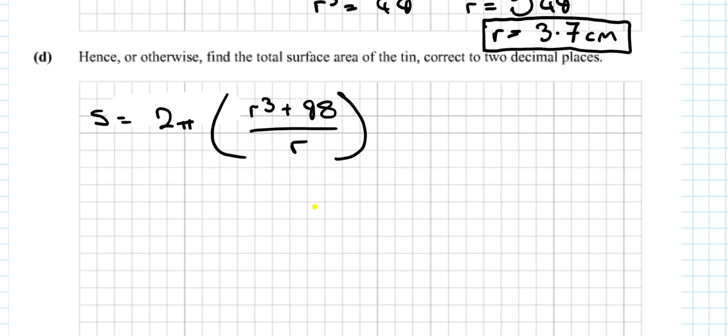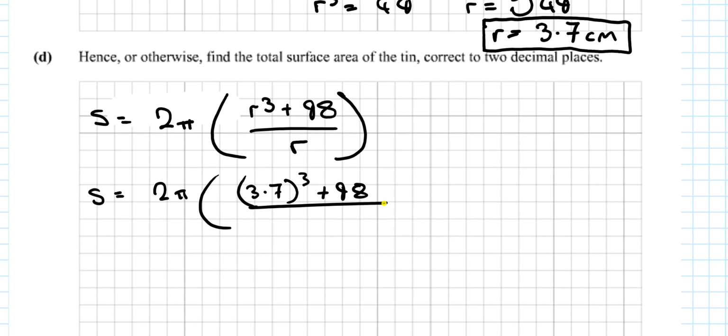So what am I getting? S is equal to 2 pi times 3.7 cubed plus 98 all over r. You know what? Between the mistake in the question itself and the mistake that I made there, the 166 instead of the 196, yeah, not the best of questions, to be honest.